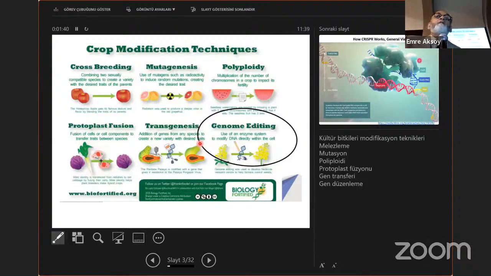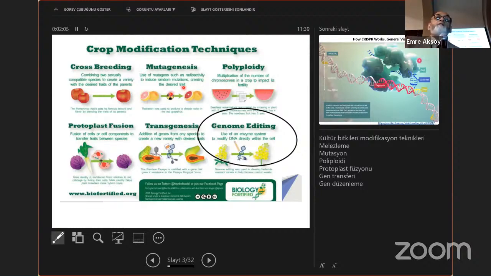Then mutagenesis: the use of mutagens such as radioactivity to induce random mutations, creating the desired traits. Then polyploidy: the multiplication of the number of chromosomes in a crop to impact its fertility.